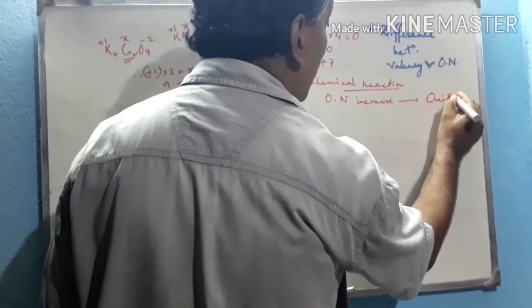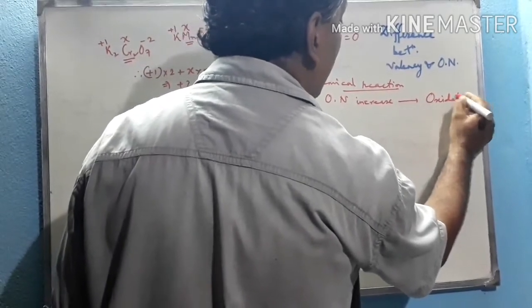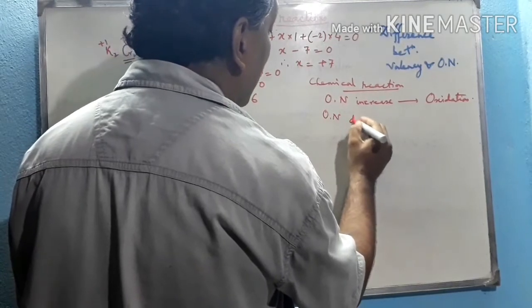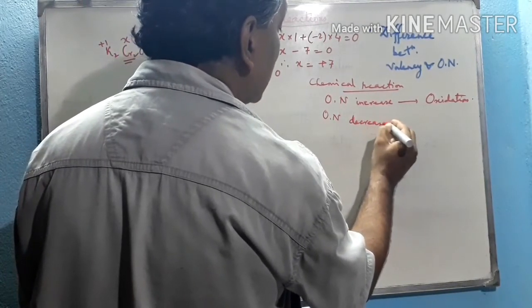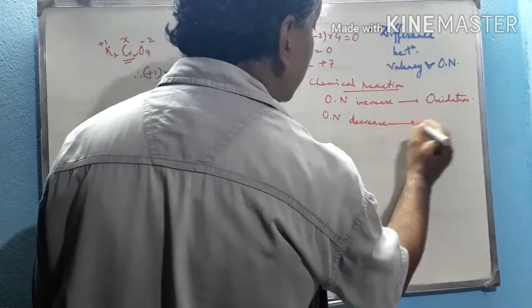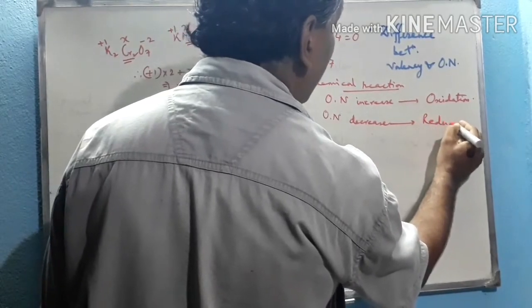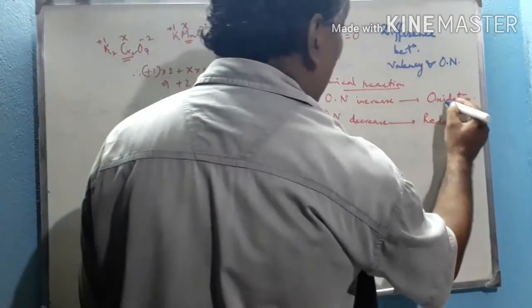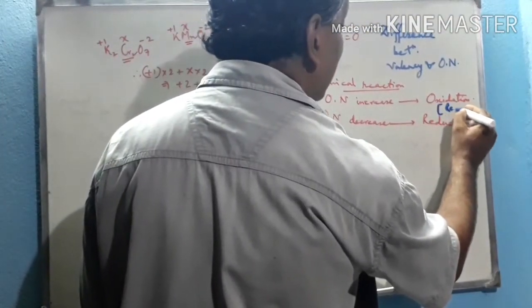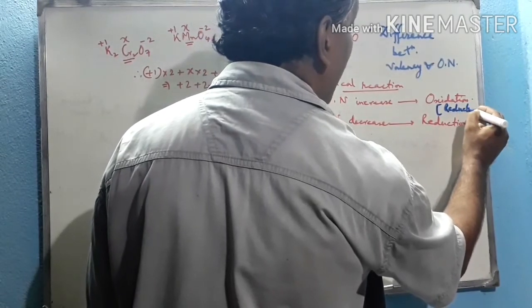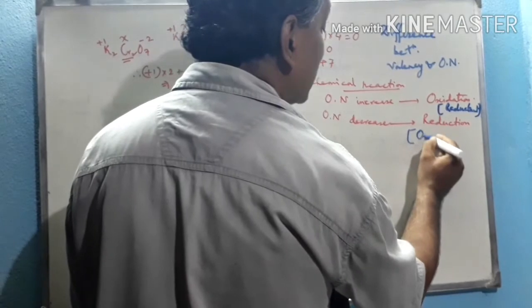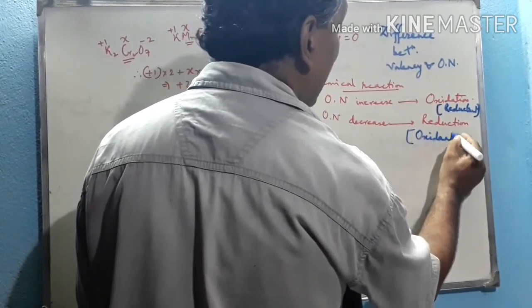In our modern point of view, oxidation number increase means oxidation, and if a decrease of the oxidation number occurs, decrease means reduction. We know that the substance which gets oxidized itself is called the reductant, and the substance which gets reduced itself is called the oxidant. Here this is the oxidant.